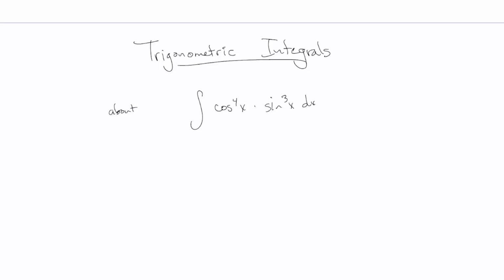All right, so they are products of powers of sine and cosine. This is basically what trigonometric integrals are about. Products of powers of sine and cosine, or sometimes just sine and cosine on their own, like the integral of cosine to the 4th of x. That would be something you do using a trigonometric integral.